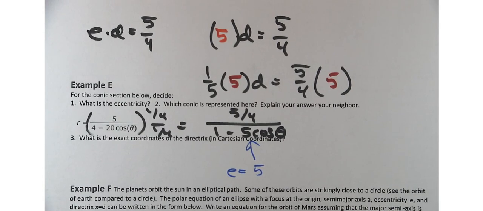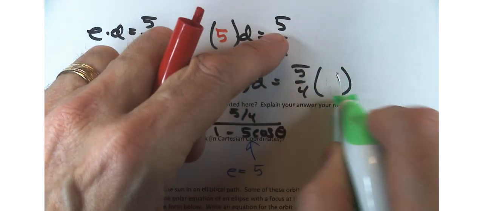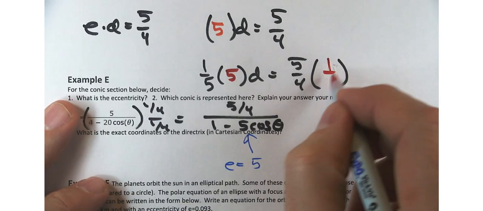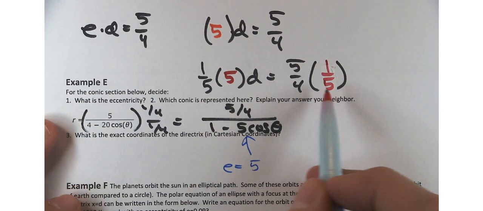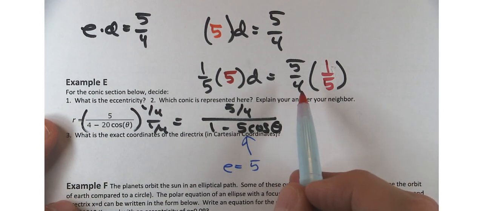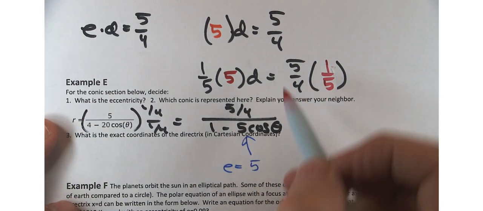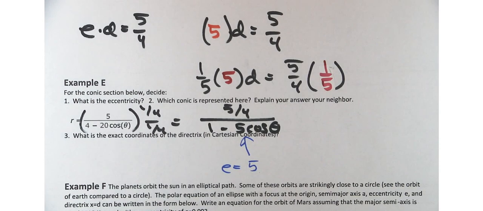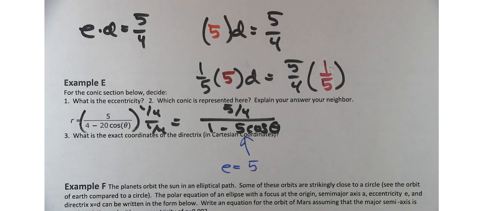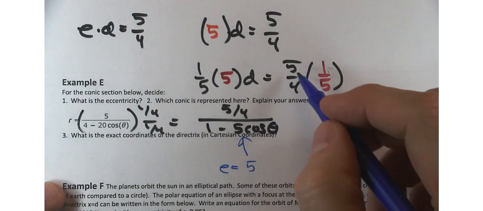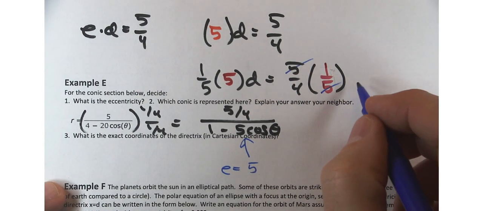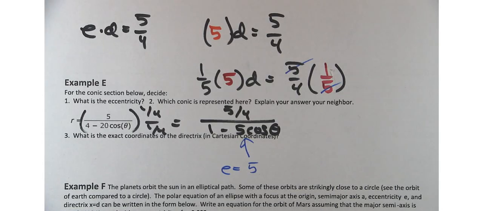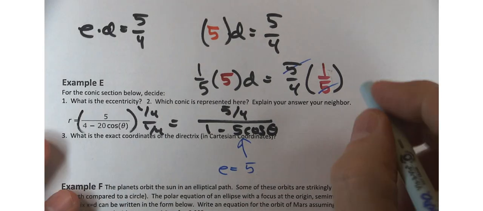But on the right-hand side, that should be a 1/5. On the right-hand side, it's just a little easier to multiply this by 1/5 than it is to divide it by 5. I see people get troubled by that, so maybe do yourself a favor and multiply by the reciprocal. Those cancel. What do I get for D? Yeah, D equals 1/4.